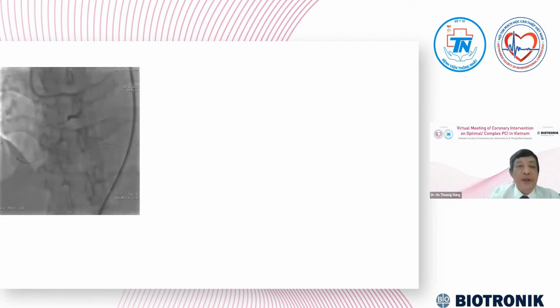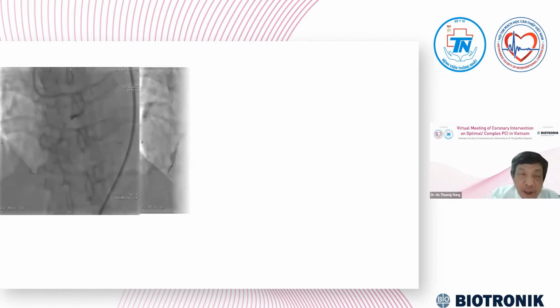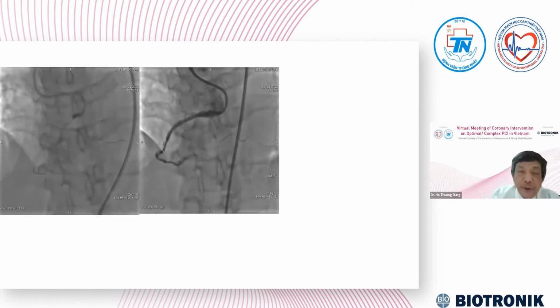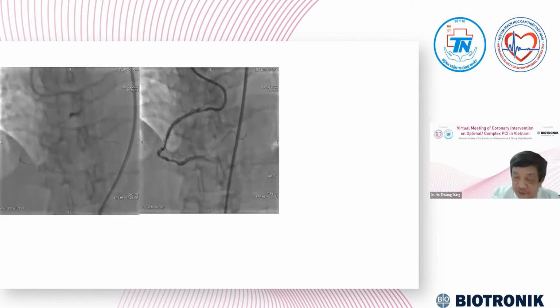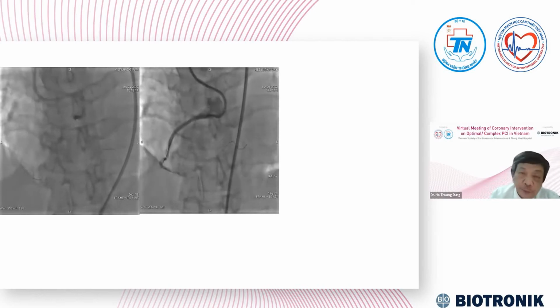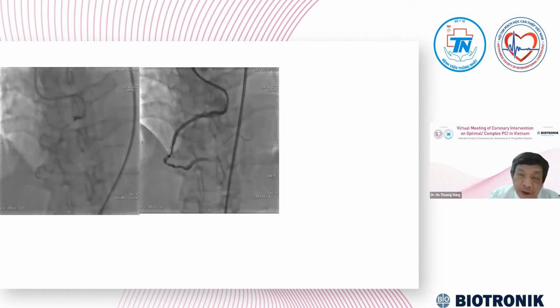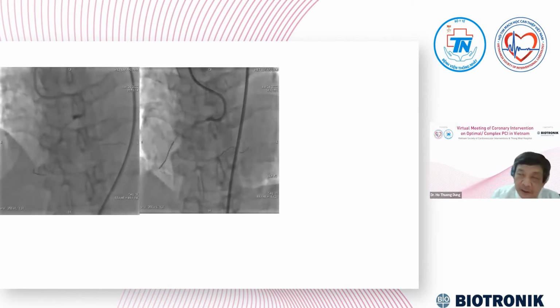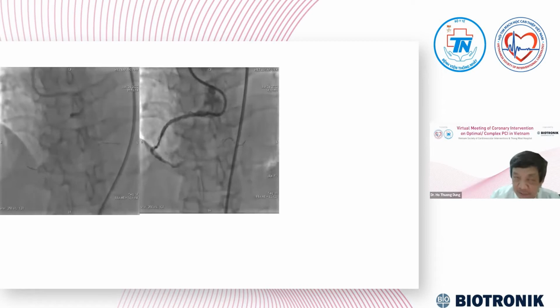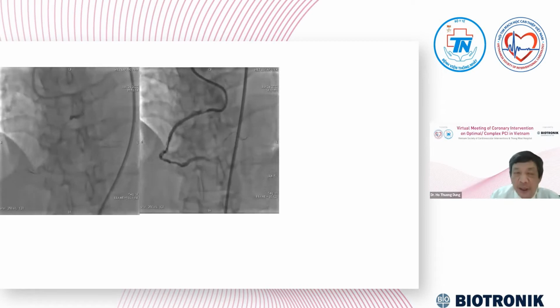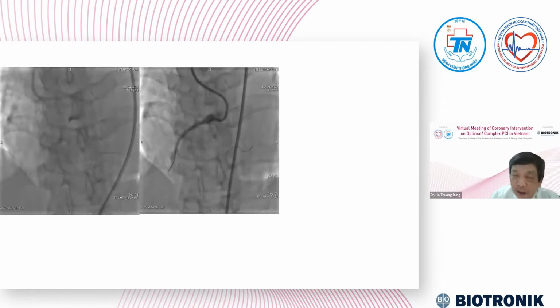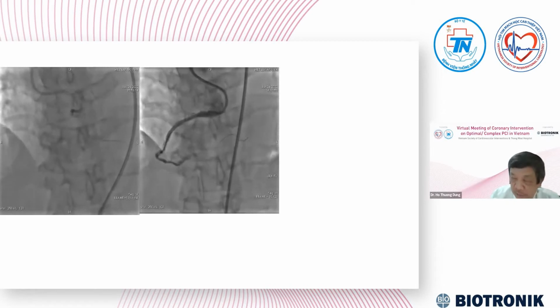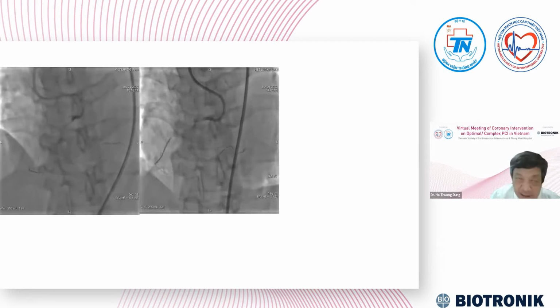So of course we use Ampla and 2 wires, buddy wire, and we use the Guidezilla from the beginning. But because the guiding catheter does not engage the ostium of the RCA well, we must use one or more supports from an Amplatz guide or Guidezilla.